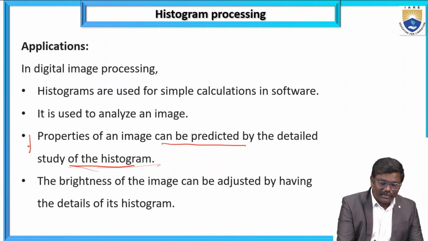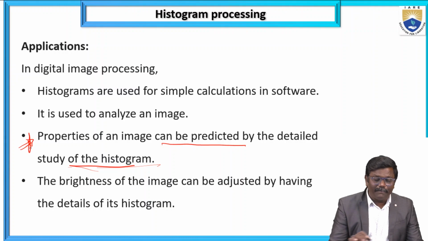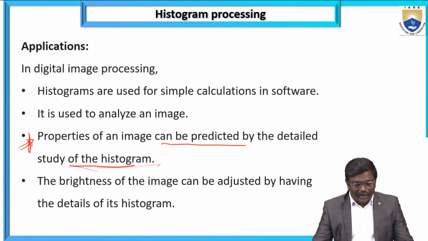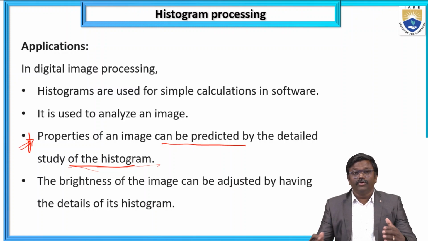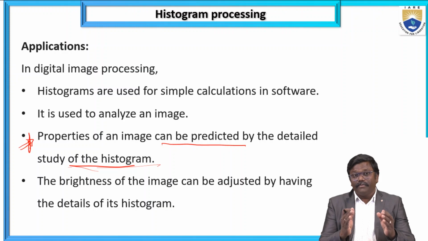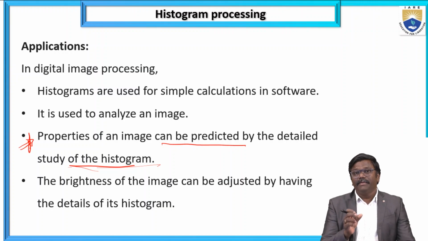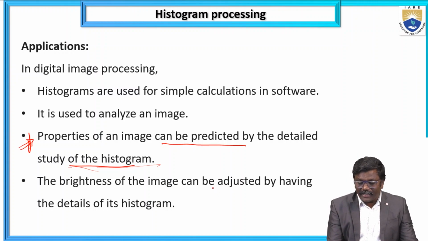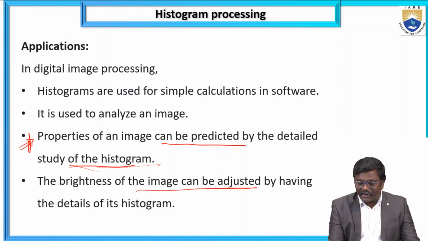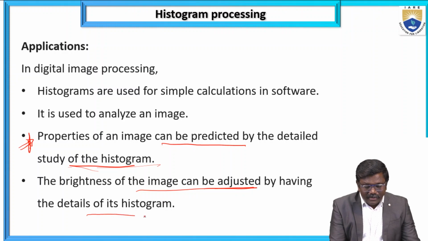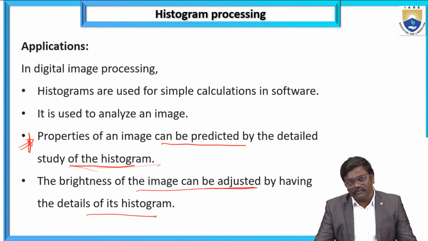So this is one application, applied in your required manner. That is, your image may need its brightness increased in terms of scale adjustability. The meaning of scale adjustability is nothing but adjusted value. So the brightness of an image can be adjusted by having the details of histogram processing.